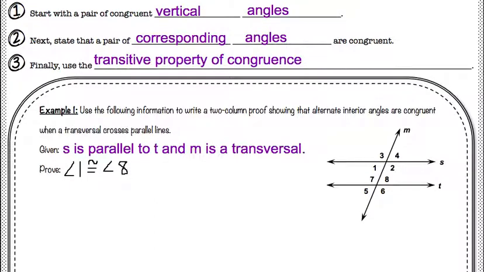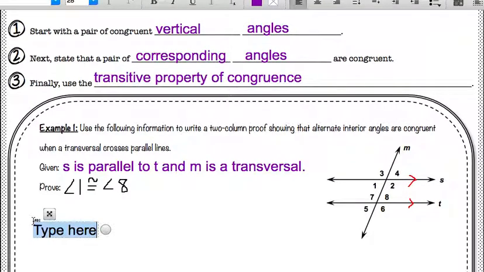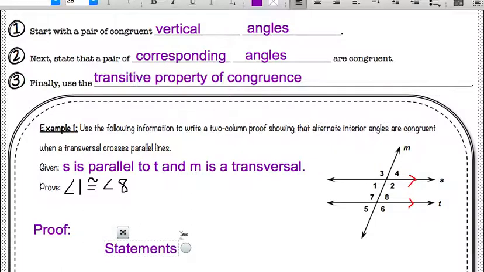First I'm going to label in my diagram that these two lines are parallel. I'm going to put these little arrow markings. And then I'm going to write the word proof. Underneath that, I've got statements and I've got reasons.